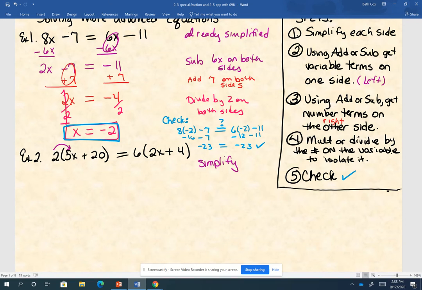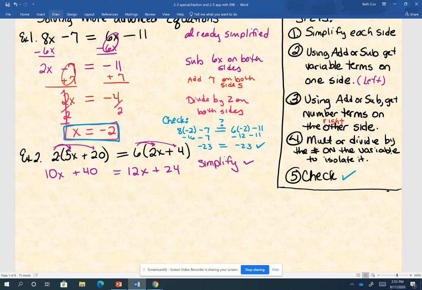This is 2 times everything in parentheses. So that's 2 times 5x, which is 10x, and 2 times a positive 20, which is 40. And then this other one is 6 times the parentheses, so that's going to equal 12x, and 6 times 4 is 24. So that's the simplify part.